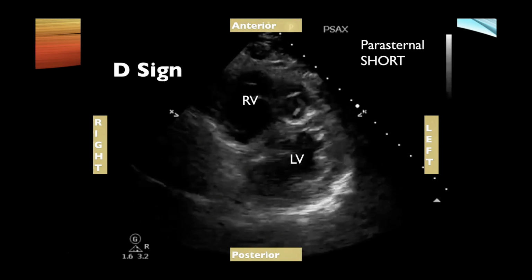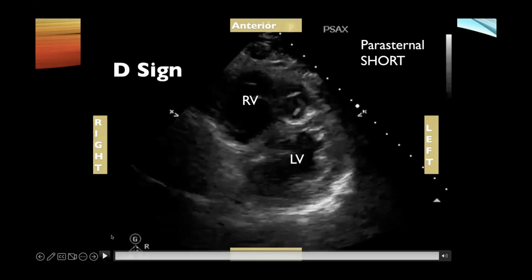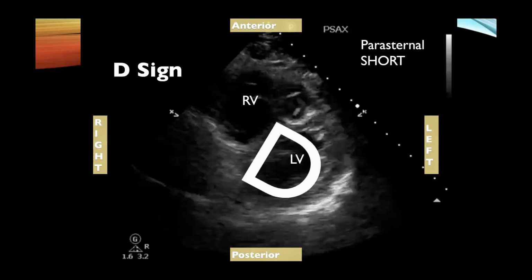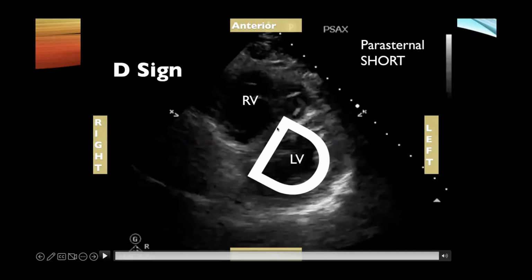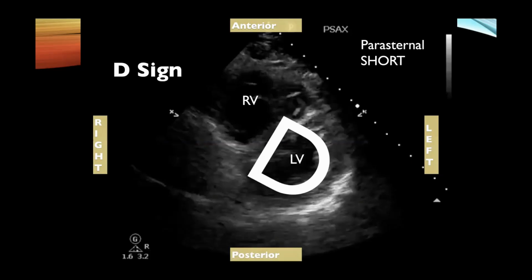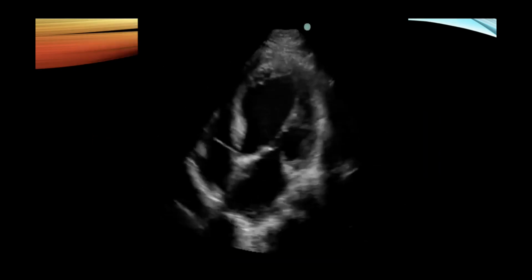What are we compressing, the right ventricle or the left ventricle? The right ventricle is compressing the left. Exactly. Yeah, so because of the increased pressure, we can kind of see flattening of that septum, exactly what you said. And so that's another clue that maybe there's some pathology going on causing that.